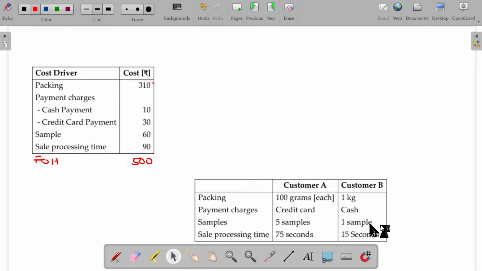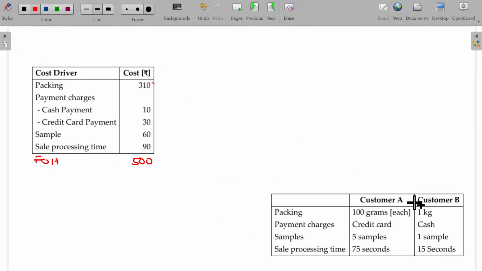Customer A purchased how many kgs? 3 kgs. Customer B purchased how many kgs? 1 kg. Customer B purchases the entire 1 kg and wants it packed in 1 kg itself. How many packages do we need to make for B? Only 1. For customer A, he requires 100 grams in each pack.